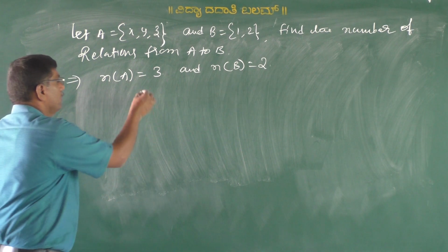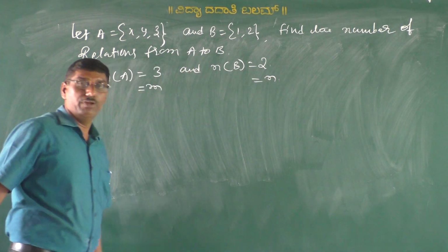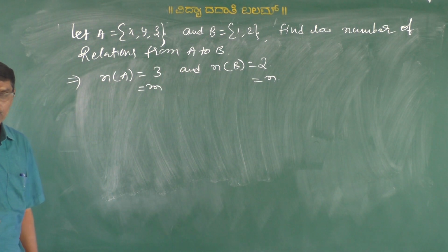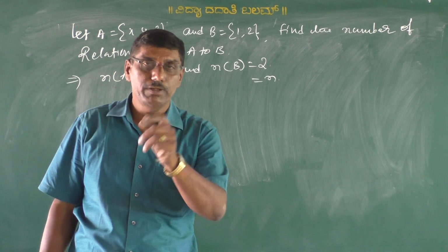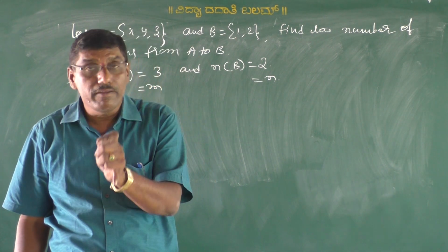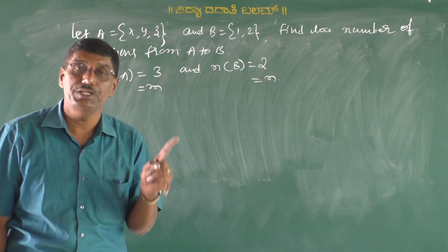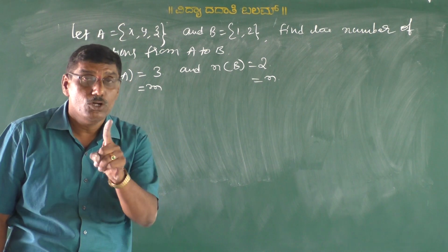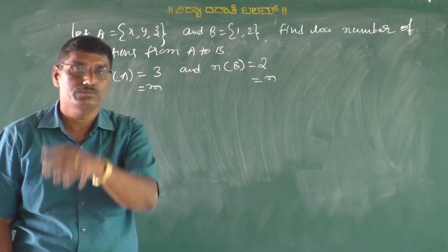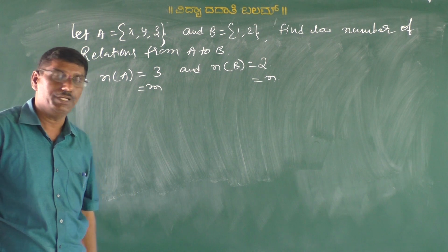If I take this as m and this as n, we know if the set A has m elements and set B has n elements, then the number of relations from set A to set B is 2 to the power of mn. 2 to the power of mn, isn't it?